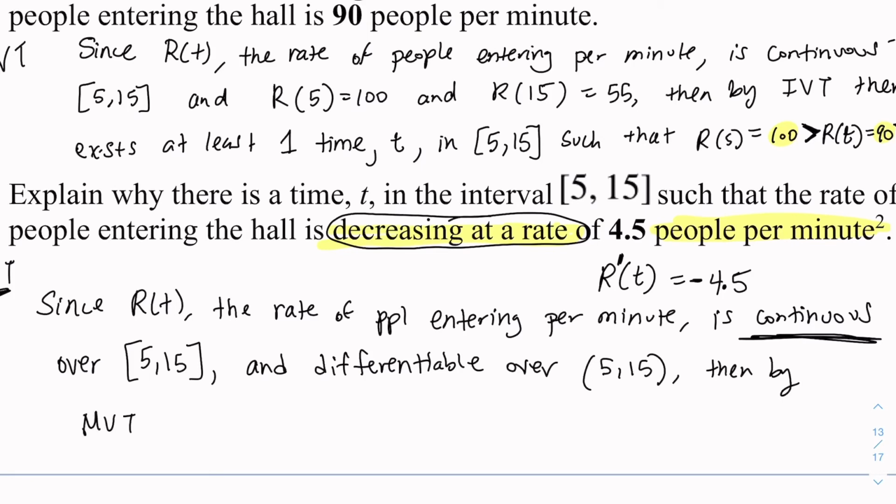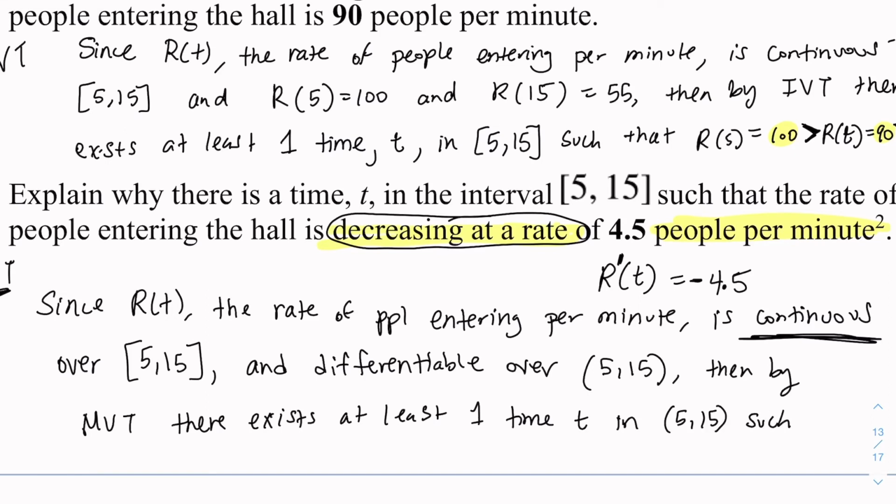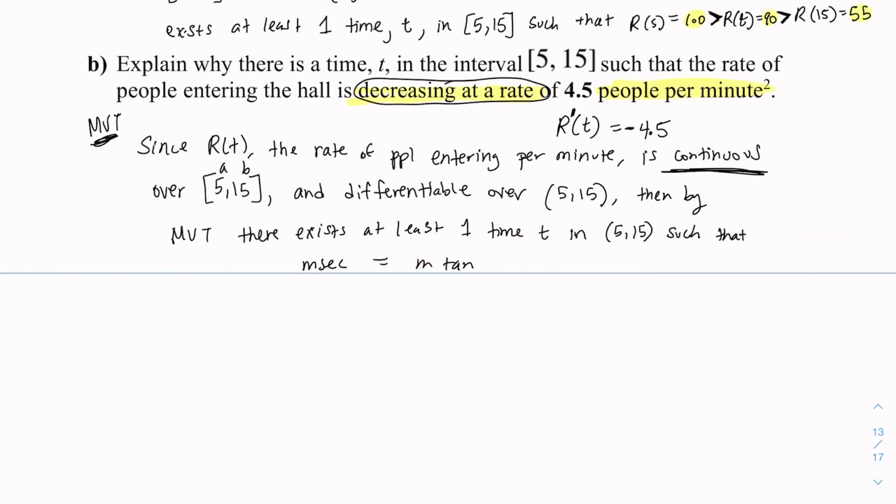So then by MVT, there exists at least one time t in the interval 5 to 15 such that m sec equals m tan. Now we need to prove m sec equals m tan by plugging in values.